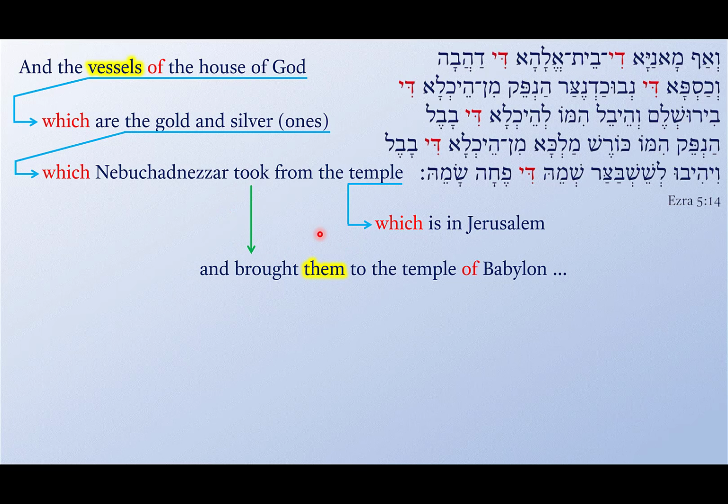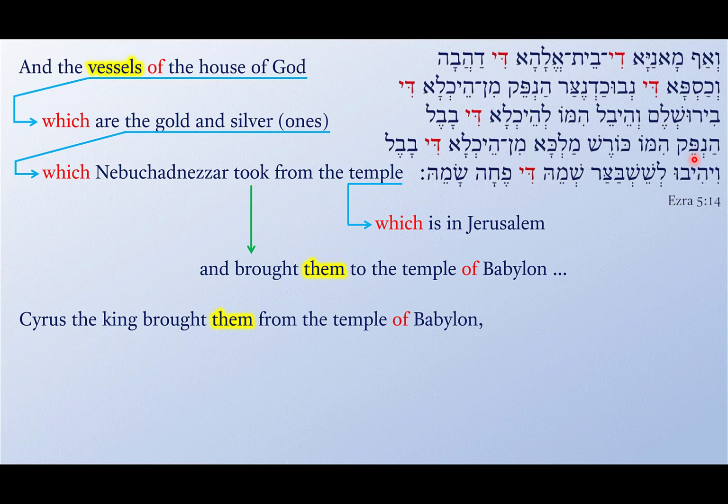Okay, so here we see that I have highlighted them because we're talking about those vessels again. So, and Nebuchadnezzar took these gold and silver vessels from the temple, which is in Jerusalem, and brought them. What's the them? The vessels to the temple of Babylon. Okay, so next. We're over here.